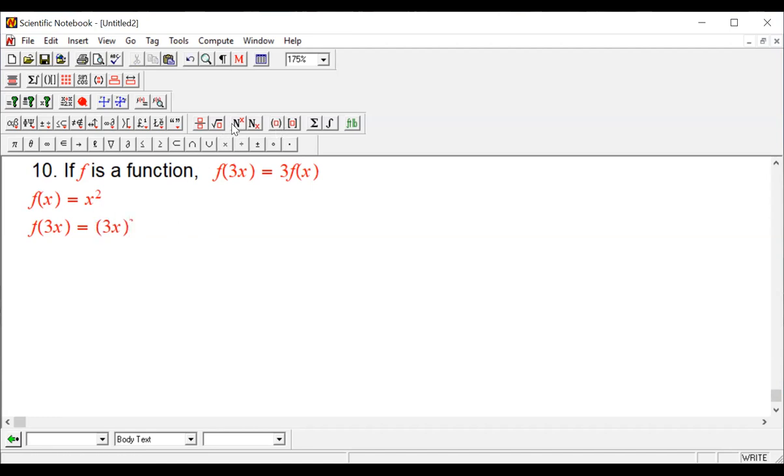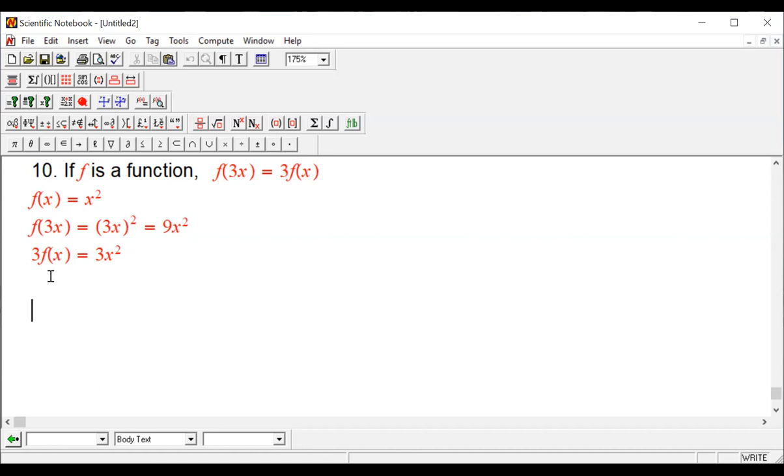Whoops, squared. And what does that equal to? It equals 9x squared. What is 3 times f of x? It just equals 3 times x squared. You see, they're very different. And you can have numerous such examples.